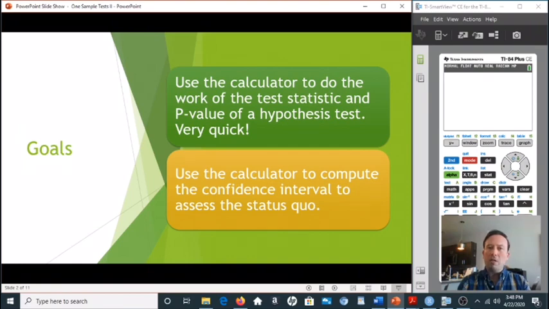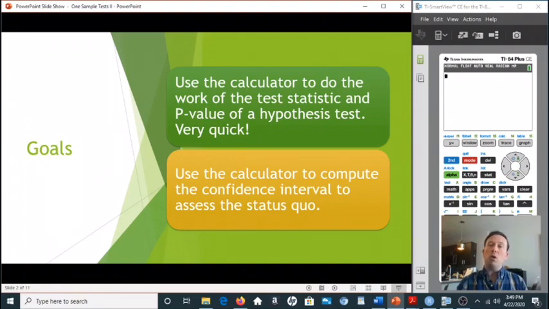So again, the goal here is to use the calculator to do the work, to get the test statistic instead of using a formula, and also to get the p-value instead of using another function on the calculator that, sometimes you can make mistakes with it. And we'll be finding these values for our hypothesis test very quickly. And secondly, is to use the calculator to compute the confidence interval to assess our status quo.